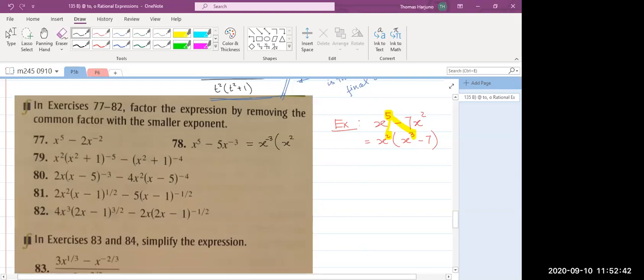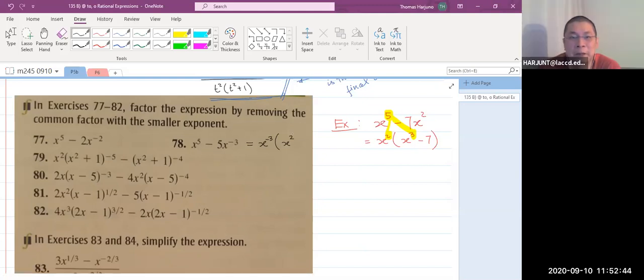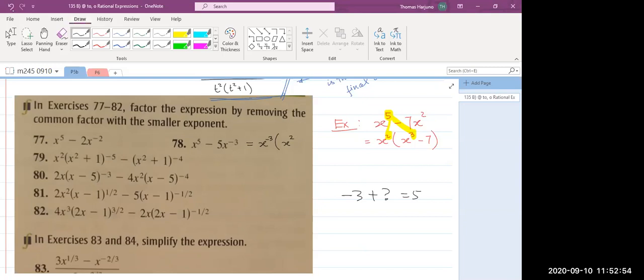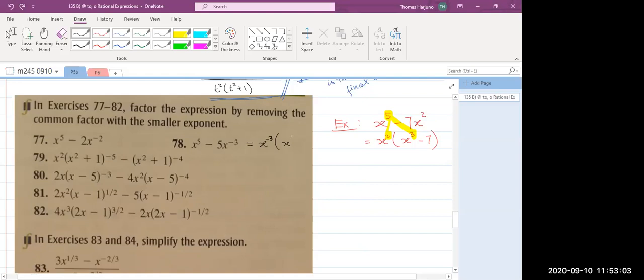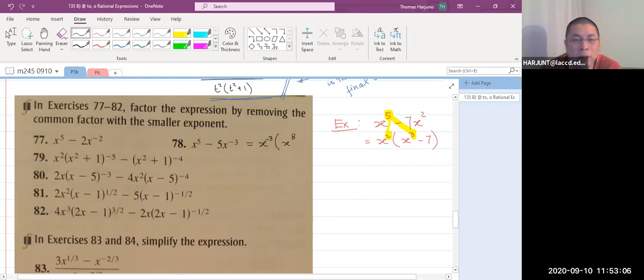It's now -1, not 5. So -3 plus what equals 5? That's 8. So the exponent 2 there is supposed to be exponent 8. Sometimes you write it down and check: -3 plus 8, that's 5. Okay, then that's the answer, minus 5 only.